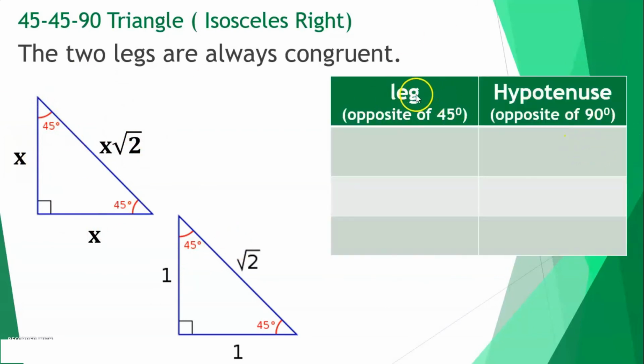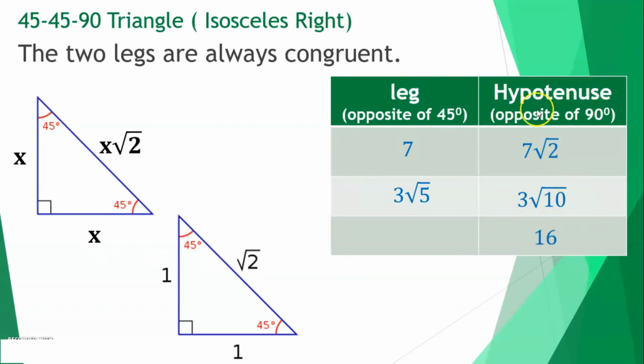We have here the leg, which is opposite of the 45-degree angle, and the hypotenuse is the opposite of 90 degrees. Now, if the leg is 7, the hypotenuse would be 7 square root of 2. If the leg is 3 square root of 5, then its hypotenuse would be 3 square root of 10.